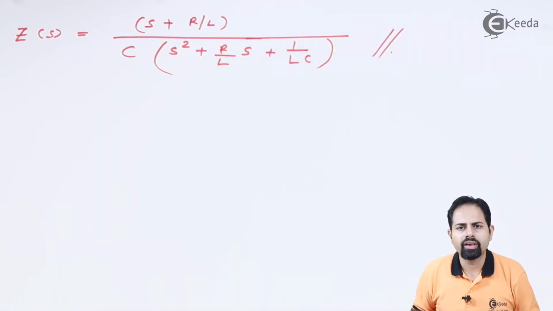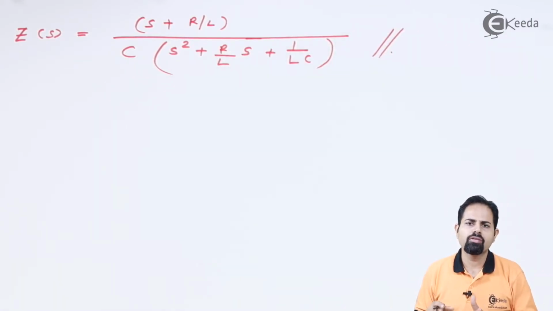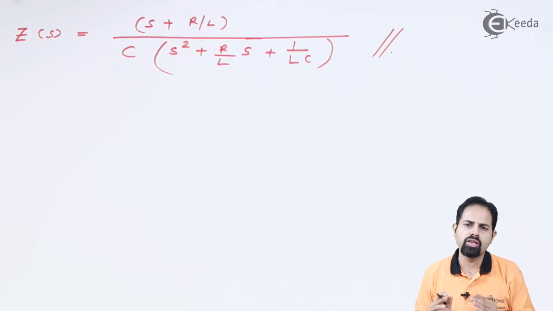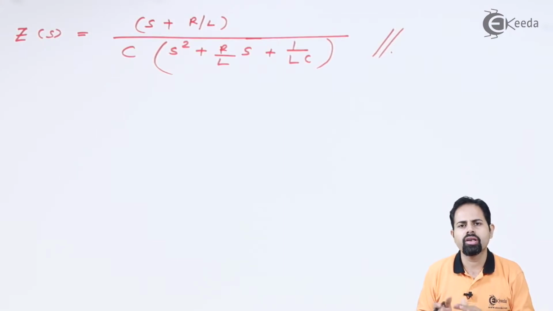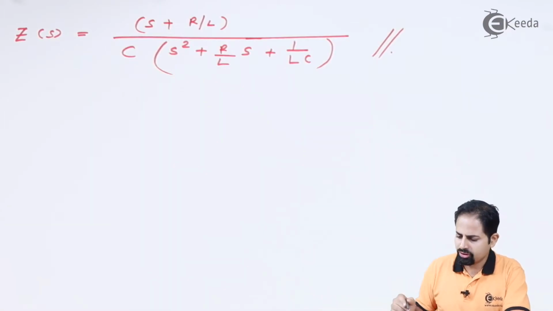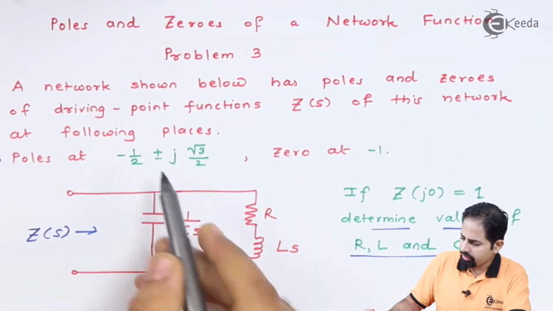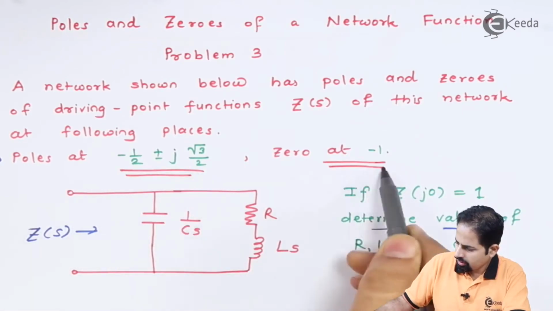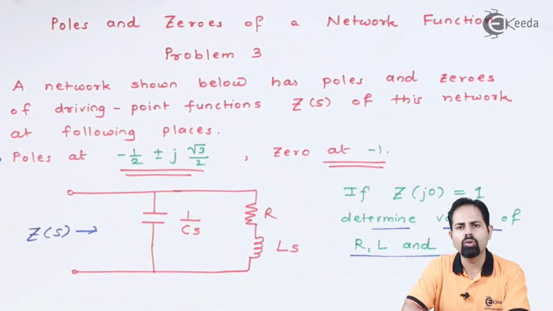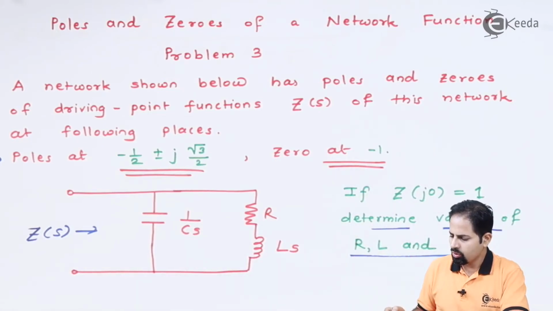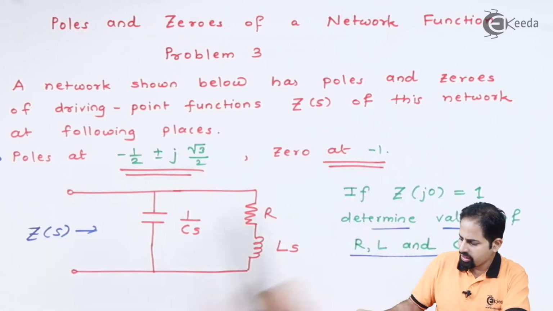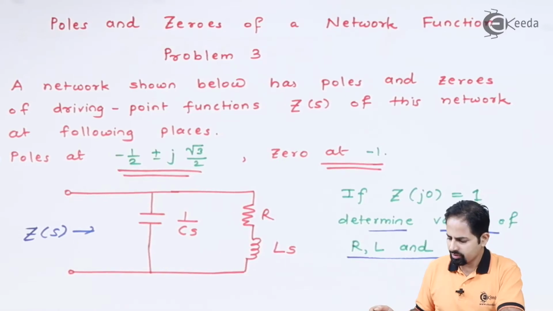Now we will use the data given. We have been given that these are the poles and these are the zeros. So by using those poles and zeros, we will construct one impedance function and we will compare that function with this function. In the question, we have been given these poles and this zero. So by using this data, we'll write Z of s.